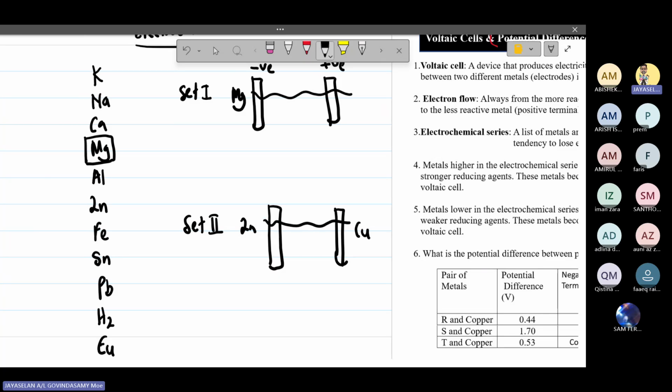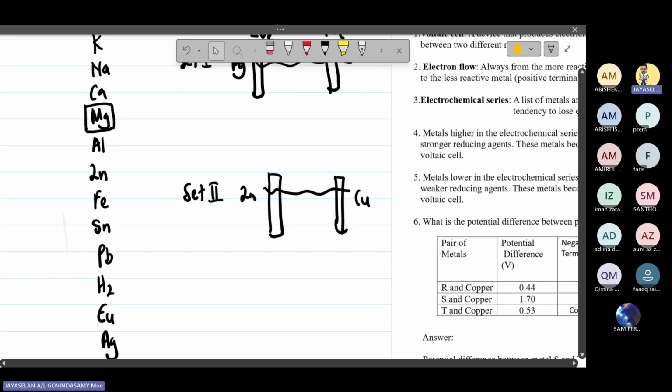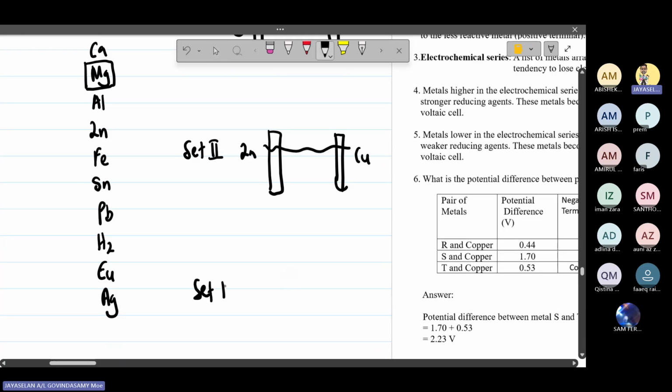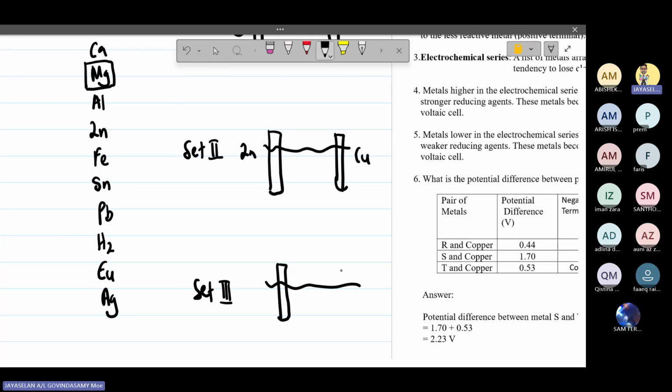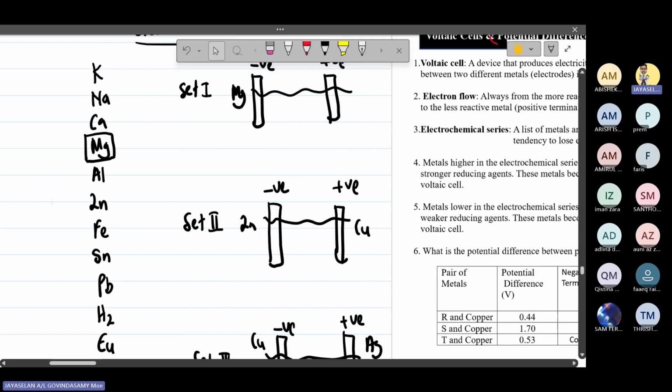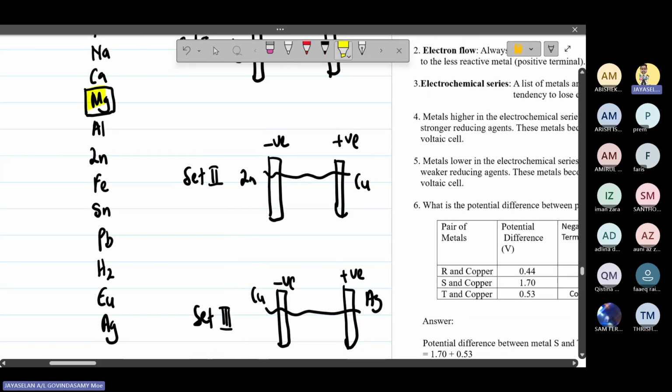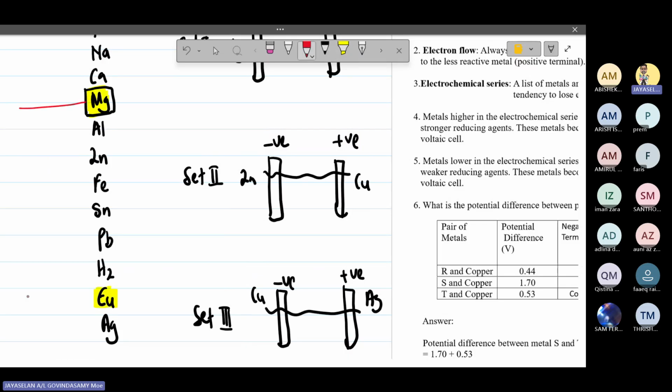Mana satu akan menghasilkan higher voltage? And satu lagi set 3. Set 3 dia ambil katakan copper, ini adalah copper negatif, positif. Dan di sini pula dia ambil silver. Ini adalah positif. So yang mana akan menghasilkan voltage yang paling tinggi, you have to see the electrochemical series. Let's say magnesium dengan copper, dia punya jarak semakin jauh.